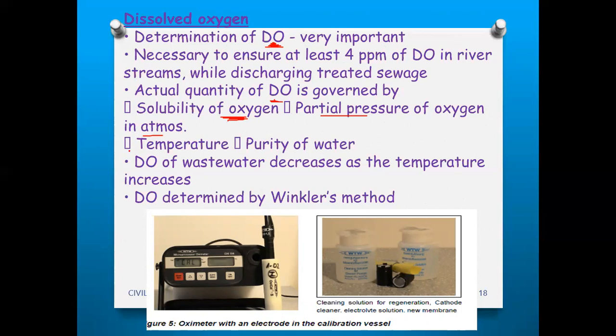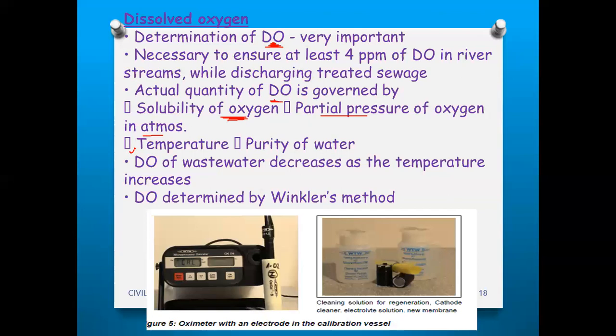Third, the temperature: what is the temperature of the sewage water? When there are changes in the oxygen levels, the temperature also changes. Next one is the purity of water.